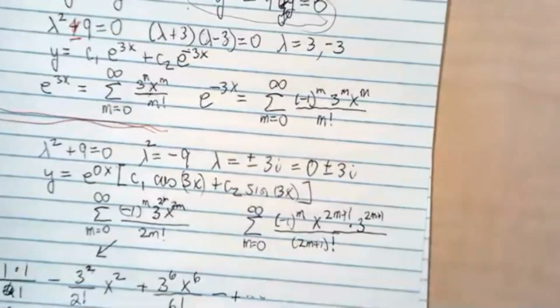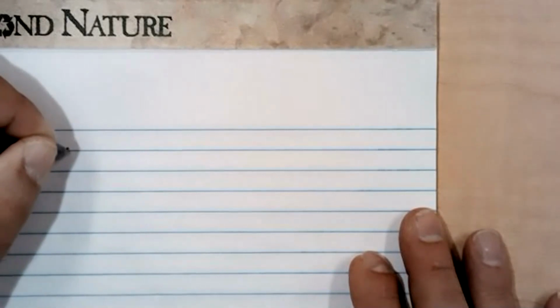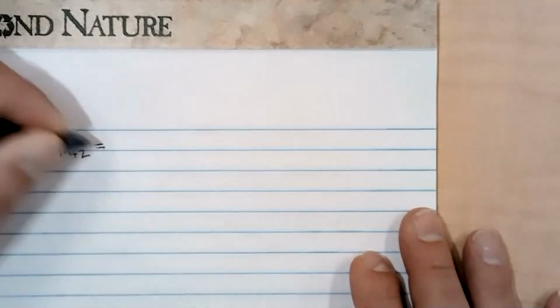Okay. Did you get to the point of getting a recurrence relation, A_(m+2) something or other? Yeah, so I got to the part where I had the power series for y double prime and the power series of 9 times y equal to 0. Okay.